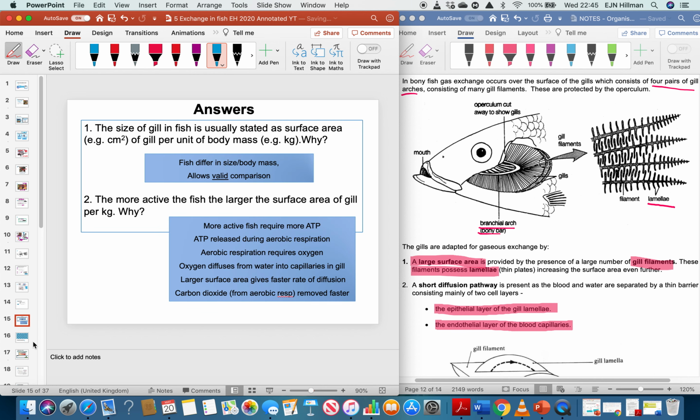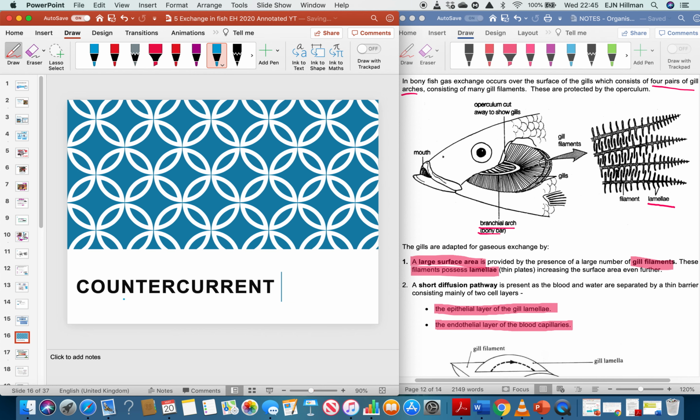Okay, I'll just skip through that bit. Now this idea that the blood is moving in the opposite direction to the water is referred to as countercurrent, or sometimes countercurrent flow.